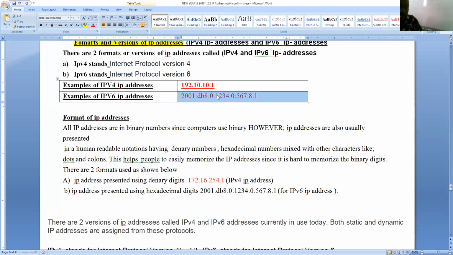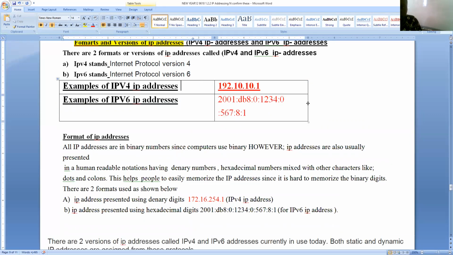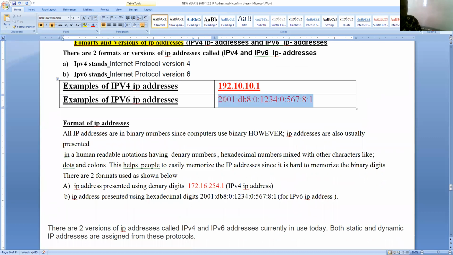So if you look at the two, do you first notice any difference between the two? From what you're seeing, give me an example. What difference is there between the two? IPv6 has more digits than IPv4.